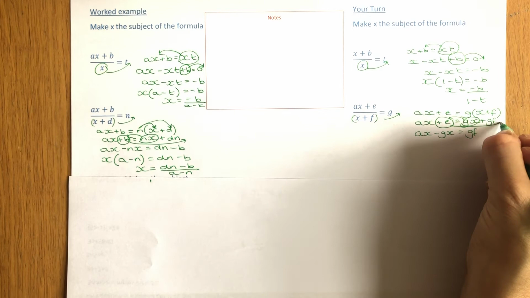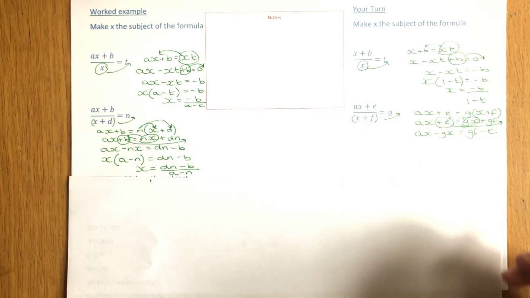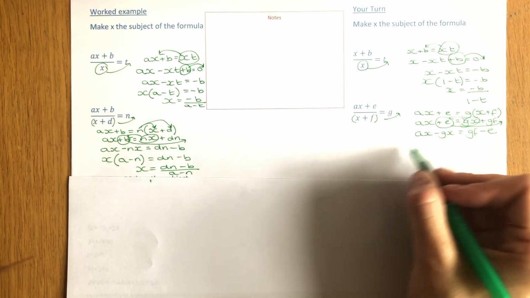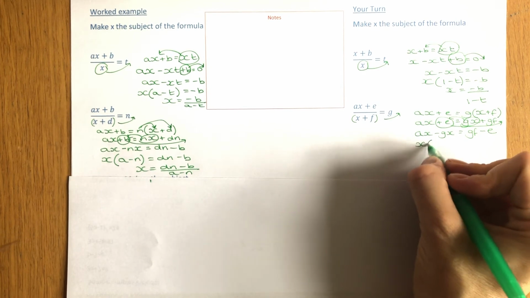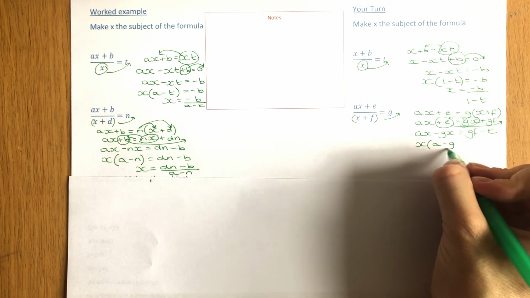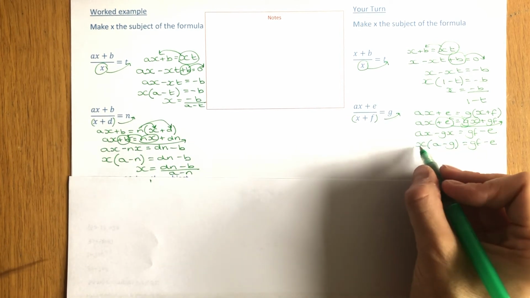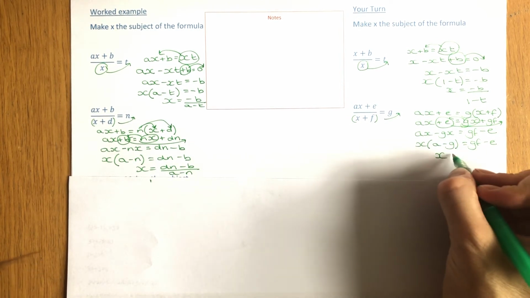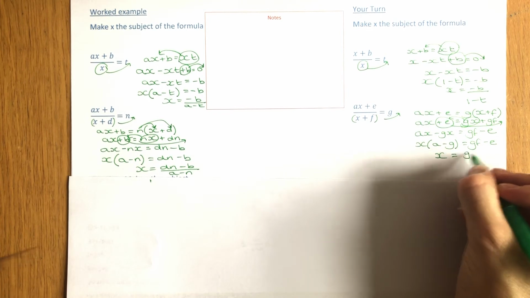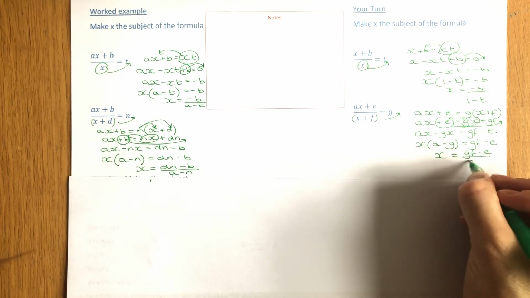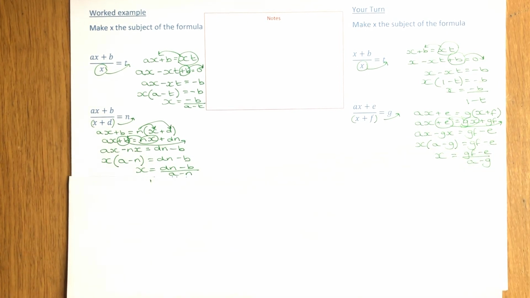Take the e out of the way. Now the x's are on one side, you need to factorise to get x on its own. And now to get x on its own, we divide this side by a minus g.